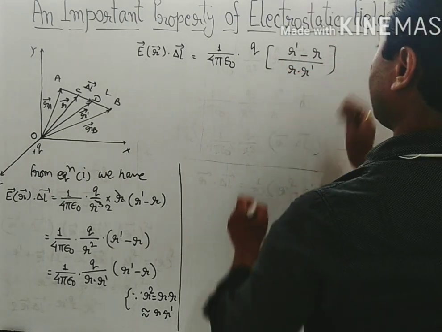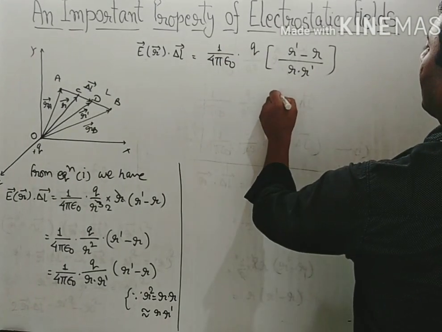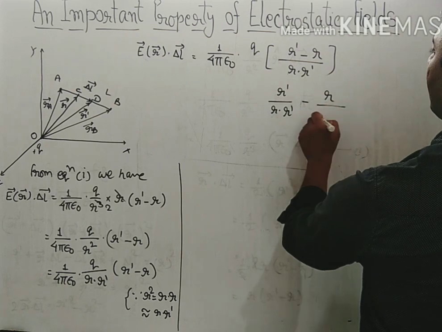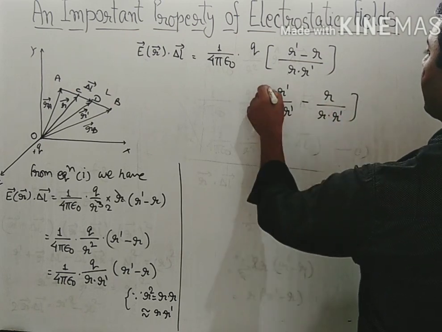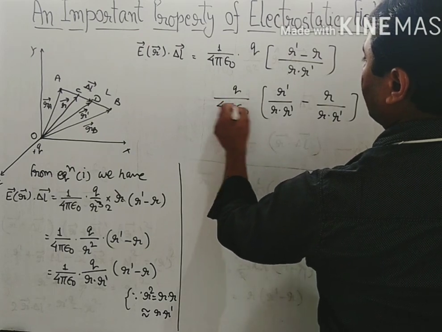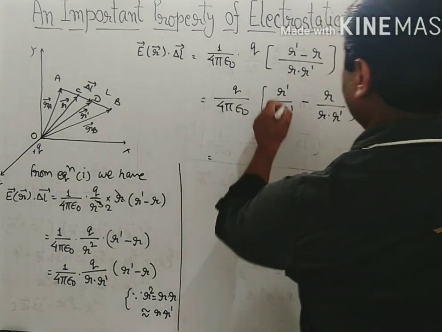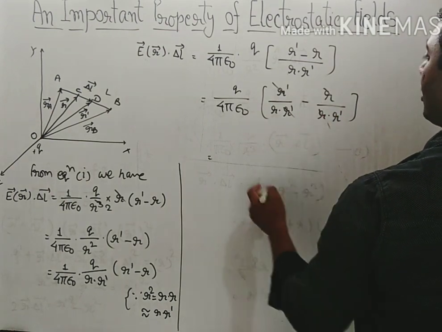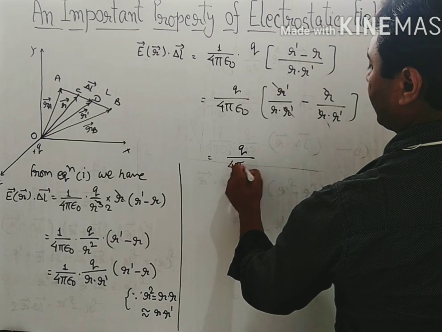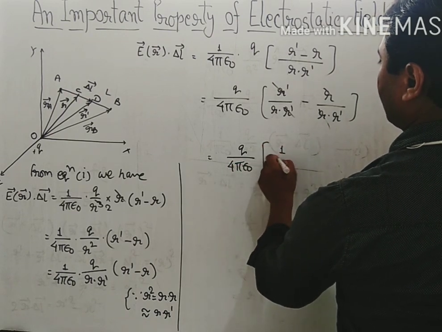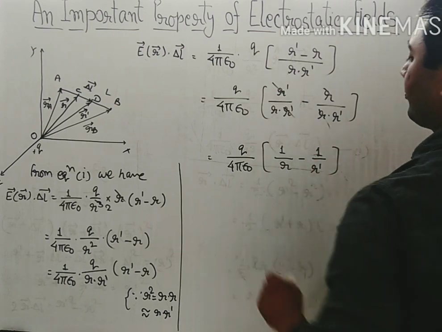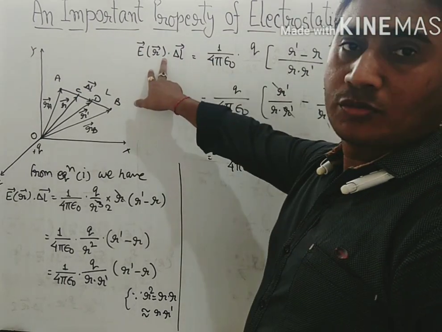So just separating these two terms, we have r prime upon r into r prime minus r upon r into r prime like this, and this is q upon 4 pi epsilon naught. So hereafter we have q upon 4 pi epsilon naught into 1 upon r minus 1 upon r prime. So this is the outcome of this.